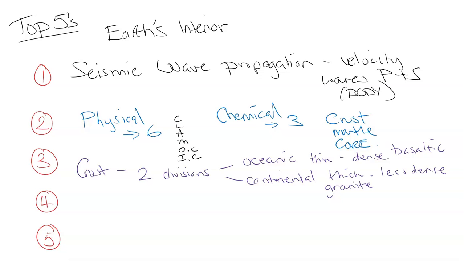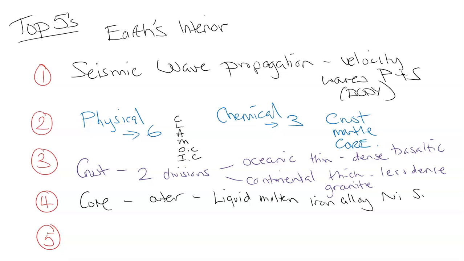Our fourth one on the top 5's is the core, the amazing place that's the size of Mars, and it's in 2 separate, again, divisions. We have the outer core, which is a liquid molten iron alloy with a little bit of nickel and sulfur in there, and it moves and it creates an electromagnetic field, and it's absolutely awesome.